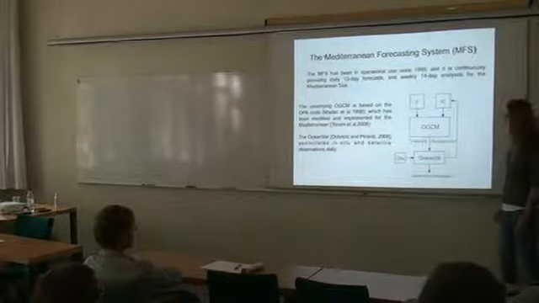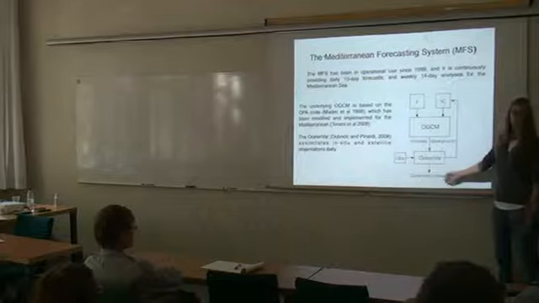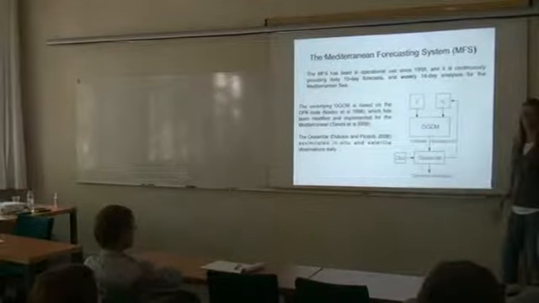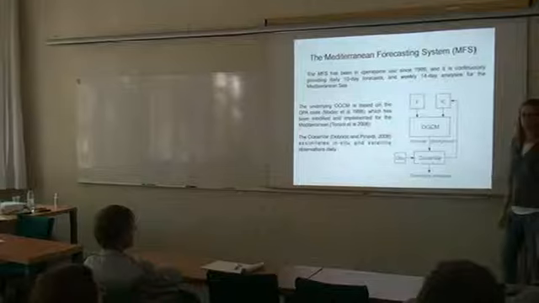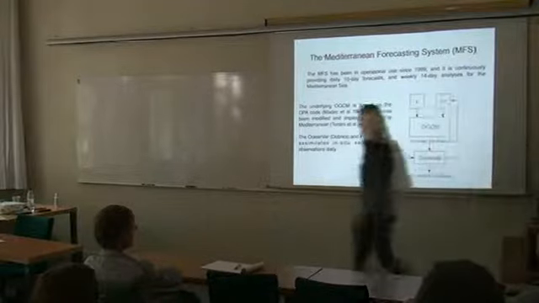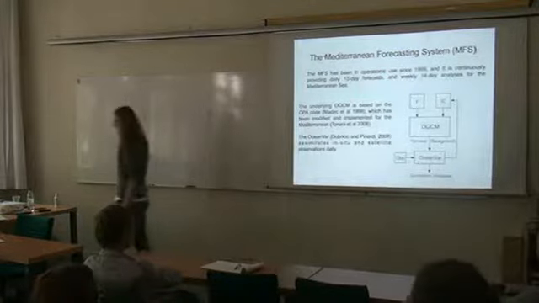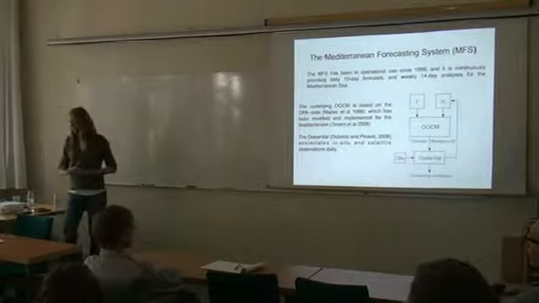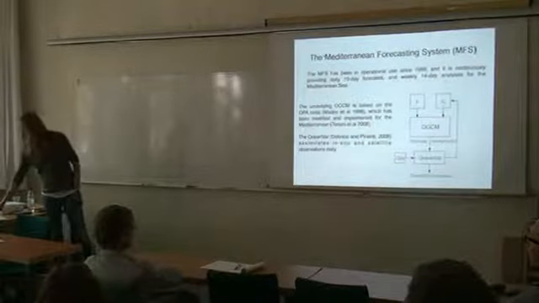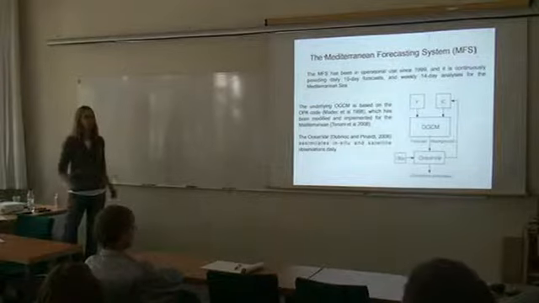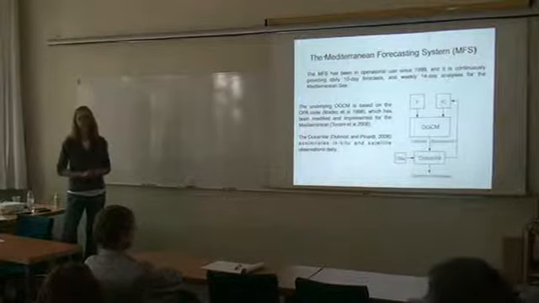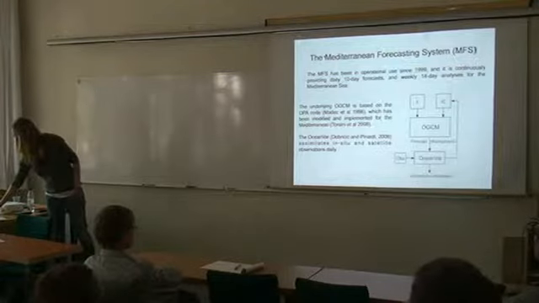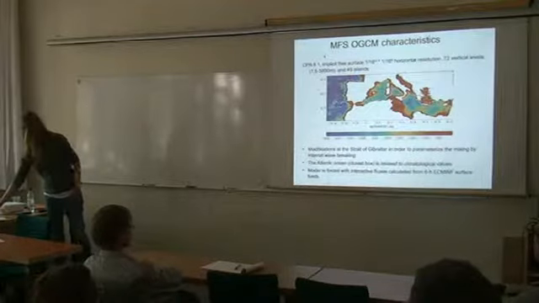But it could still be interesting to look at because it gives you a measure of how the model converges towards the observed state. Apart from these trajectories, we also assimilate satellite data and other in situ data, temperature and salinity profiles. I will show you later.